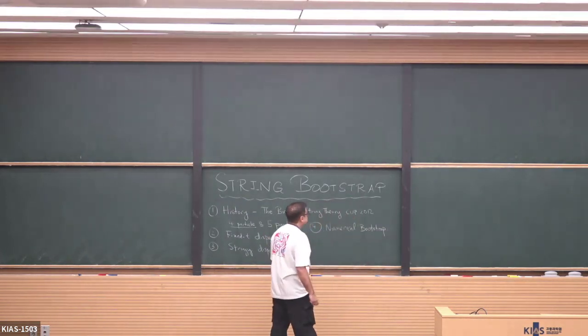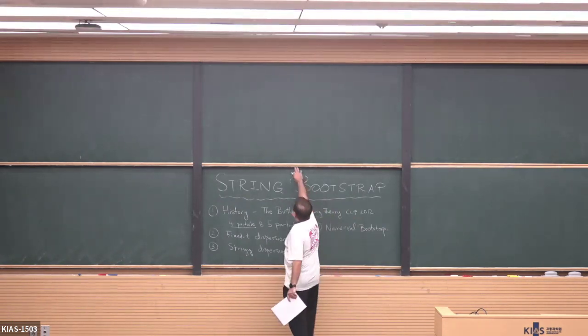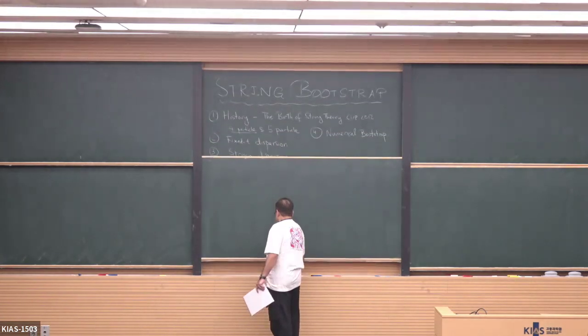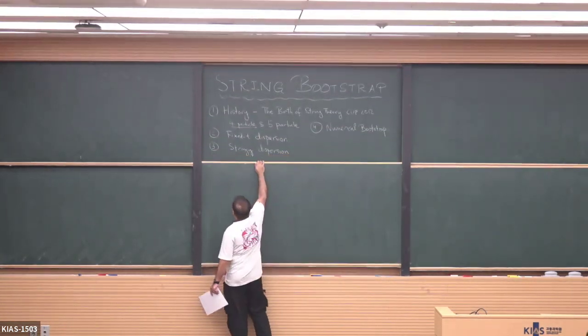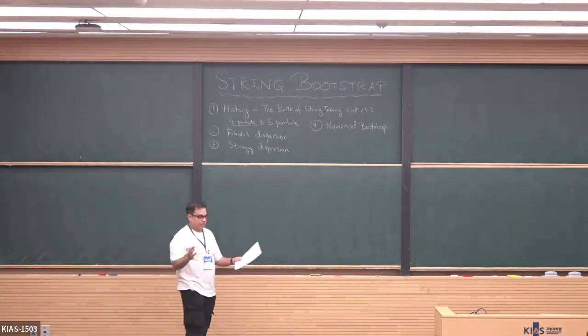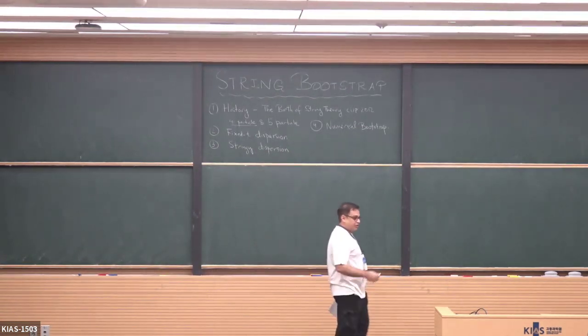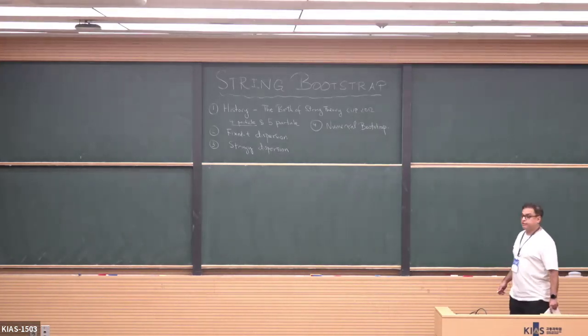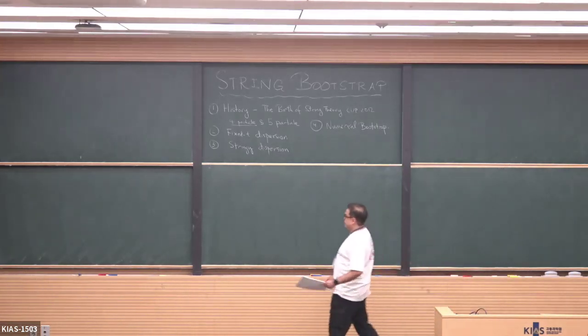So let's begin with 1. The history of the birth of string theory. Now, contrary to what you might be thinking, the origin of string theory is rooted in trying to explain experiments.